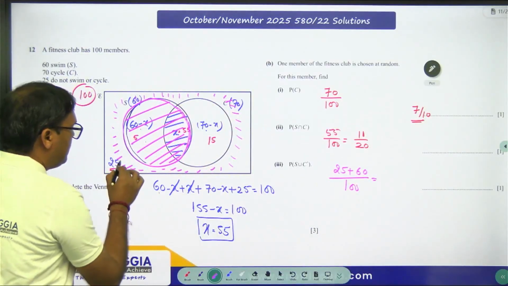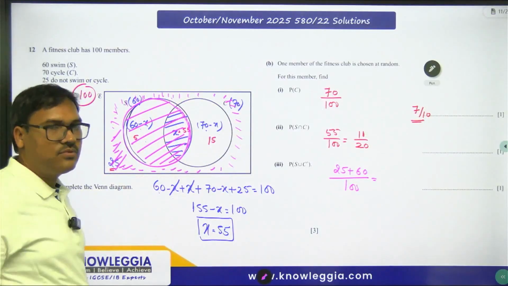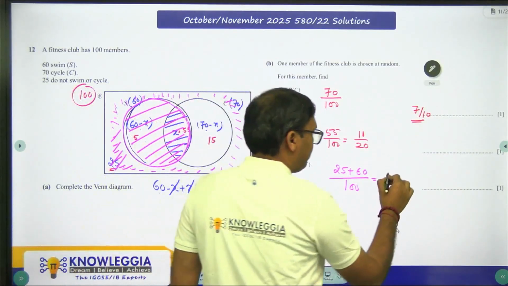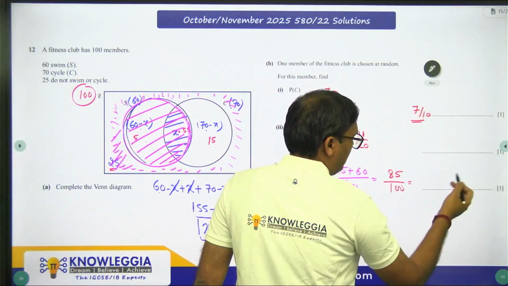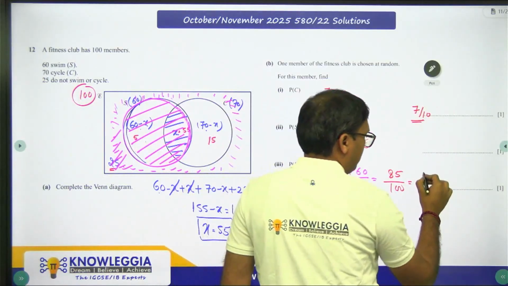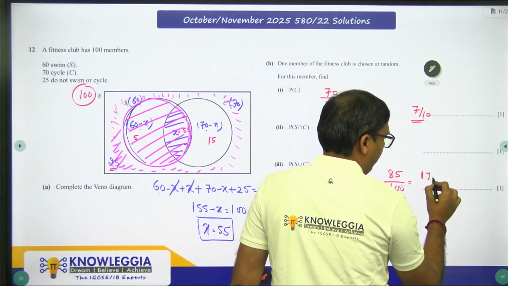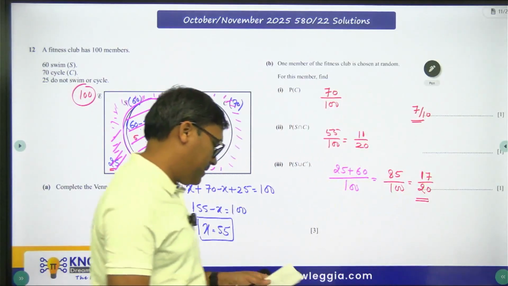Basically, this region is the shaded region. So what is this? 85 upon 100. This is 85 upon 100, which is, I can cancel a factor of 5, 17 by 20.